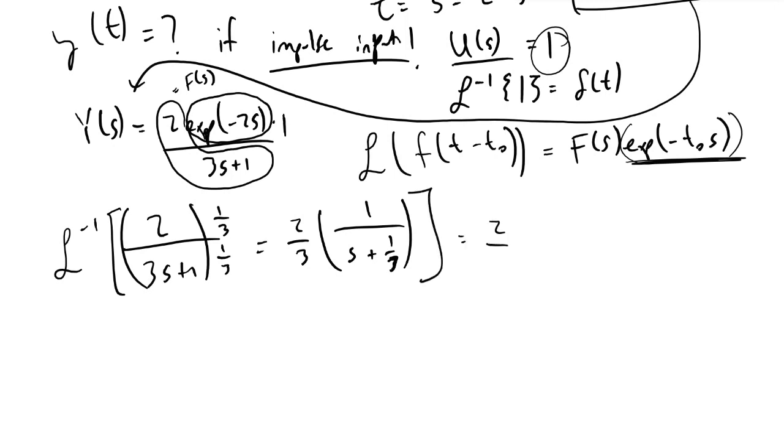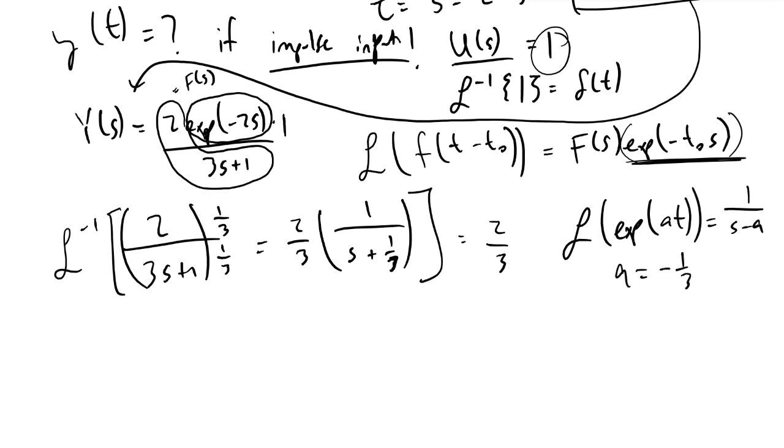We can pull out the 2/3 because it is a constant. If we also recall, if we take the Laplace transform of the exponent of at, for instance, what we get out is 1 over s minus a. A, in this case, will be equal to minus 1/3.